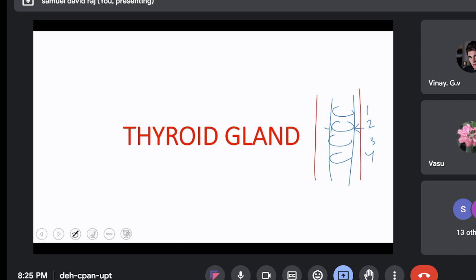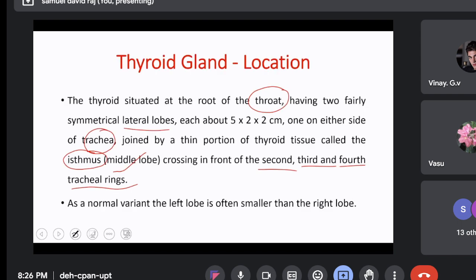Tracheal rings are present. And the thyroid gland is represented by a pair of lobes. These are connected by a middle lobe called the isthmus. Literally, isthmus means bridge. So this acts as a bridge in connecting these two lobes.